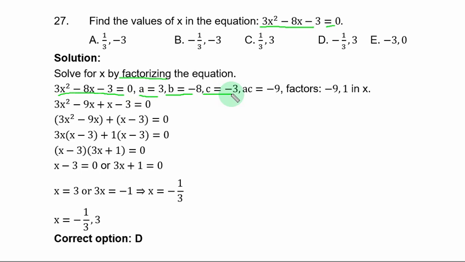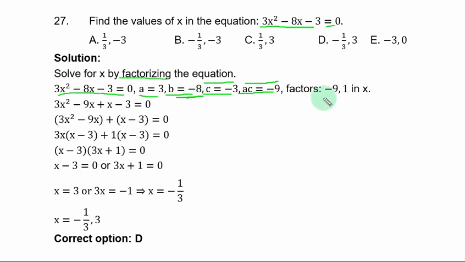And anytime a is not equal to 1, you need to get AC. So AC is minus 9. Now your attention must shift from C to AC. So you get two factors of 9 that the sum is minus 8 in s and the product is minus 9.